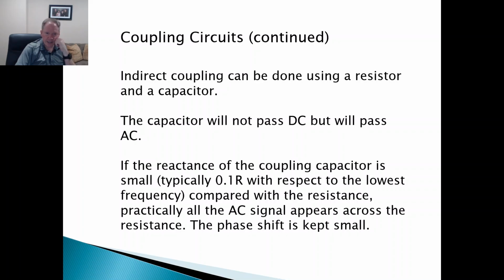So if the reactance of the coupling capacitor is small, say 0.1 times the resistance, with respect to the lowest frequency, compared with the resistance, practically all the AC signal appears across the resistance, and then the phase shift is kept small because the majority of the impedance is from the resistor, if the capacitor is 1/10 or less of the resistance.